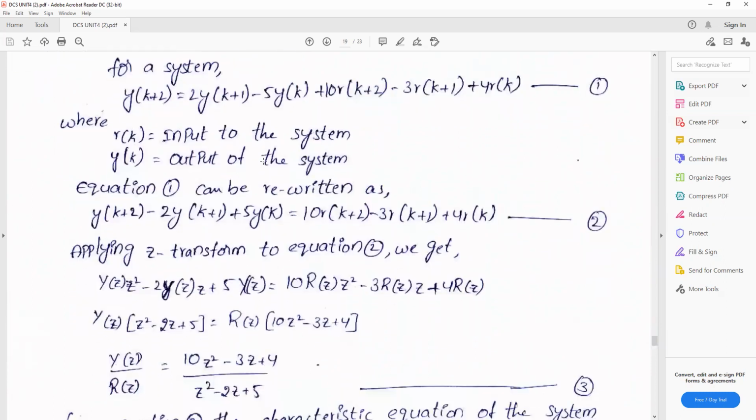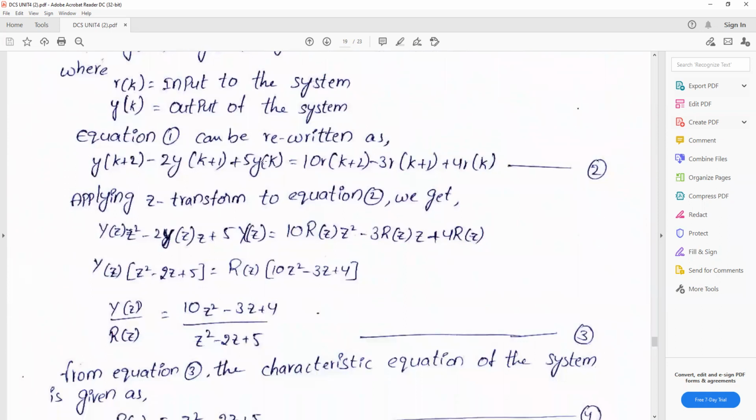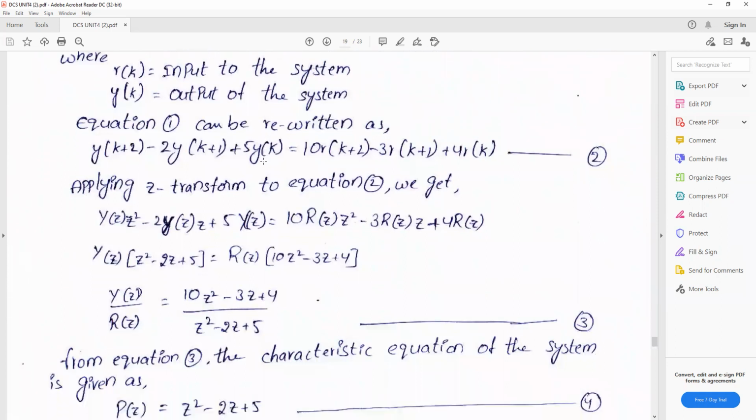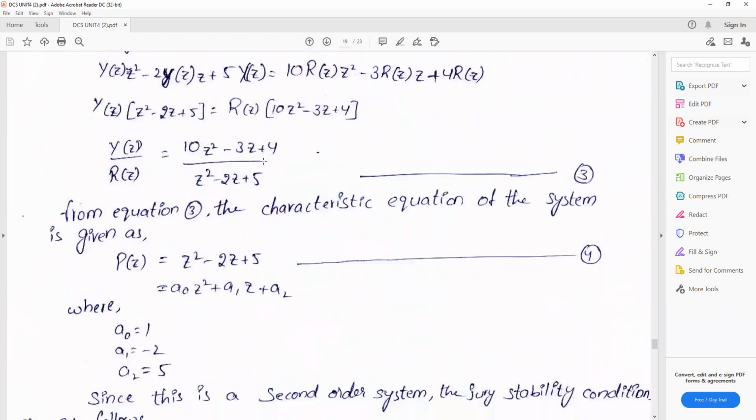Y of z is common: Y of z into z square minus 2z plus 5. So the transfer function is y of z by r of z equal to 10z square minus 3z plus 4 by z square minus 2z plus 5. So equation 3, the characteristic equation of the system, is given as.